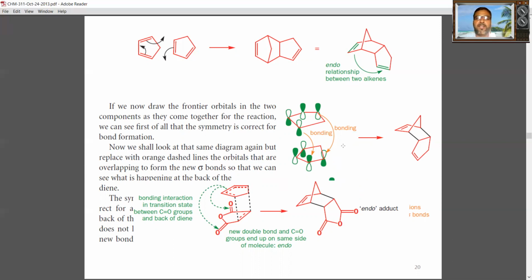You can see the matching, and formation of this product. The bonding interaction in the transition state is between the C=O bond and the back of the diene. So you have the diene, the dienophile, and then you can see the new double bond and the carbonyl groups end up on the same side of the molecule.